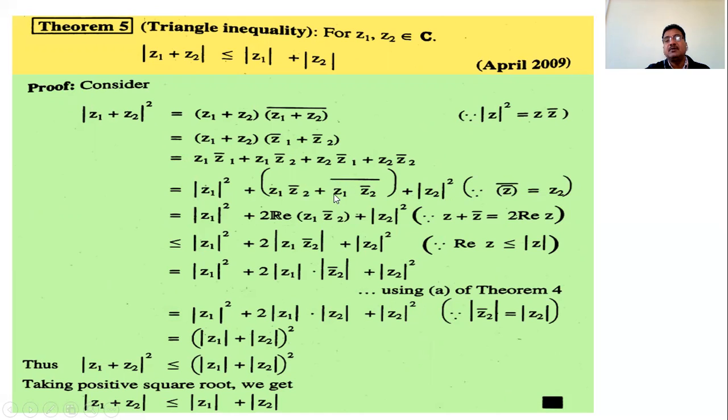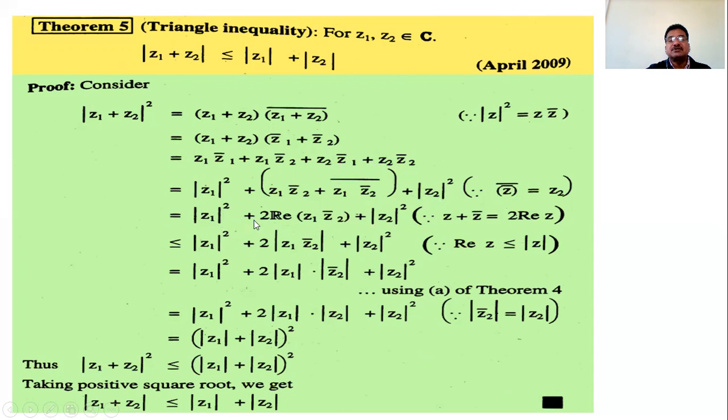Z1 bar, because a into b bar is a bar into b bar. So z1 bar into z2 bar bar, that is z2. That is the value of this. Then plus z2 into z2 bar, by using z into z bar is mod z square, so this is mod z2 square.